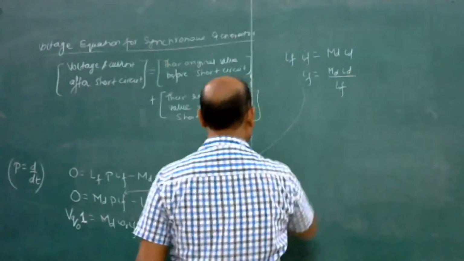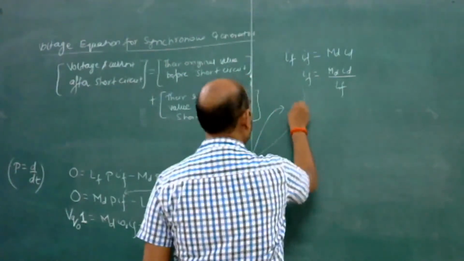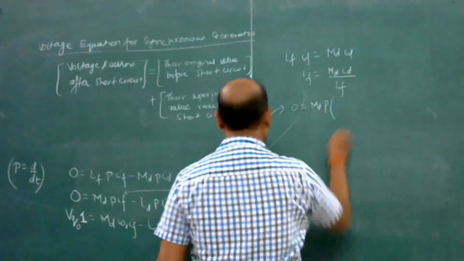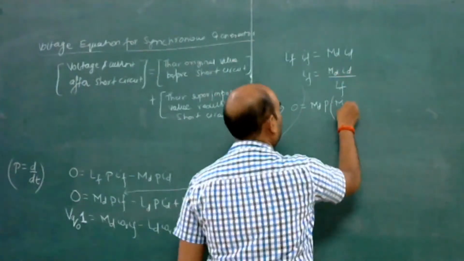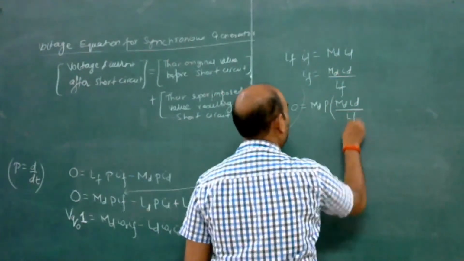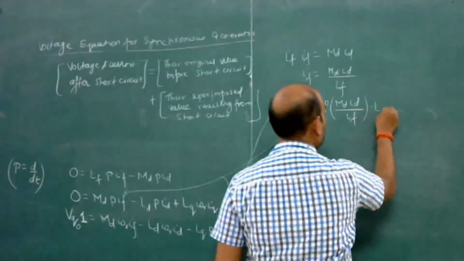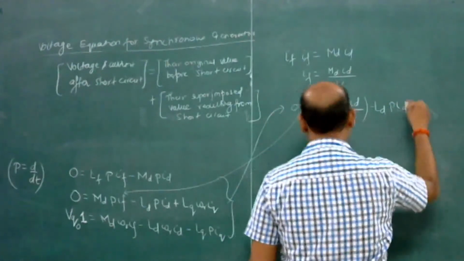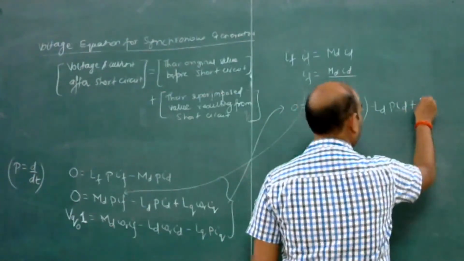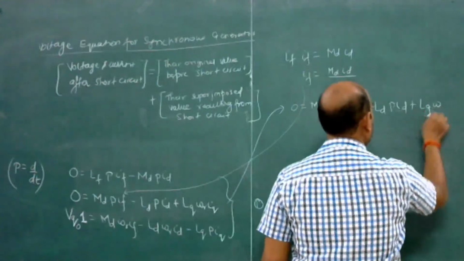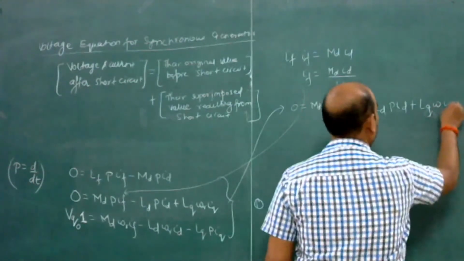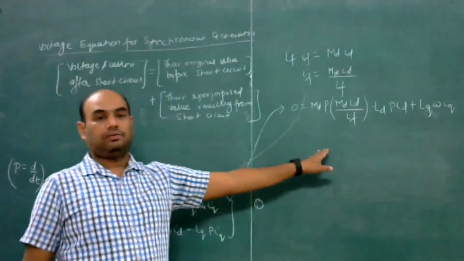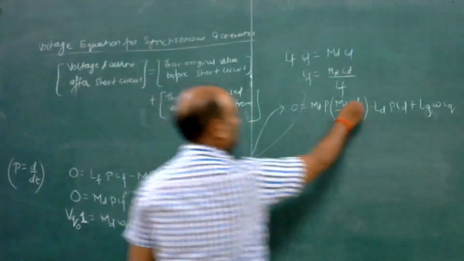Now substituting the value of IF here in this equation, this equation will become 0 is equal to MD into P into MD ID upon LF minus LD P into ID plus LQ omega IQ.